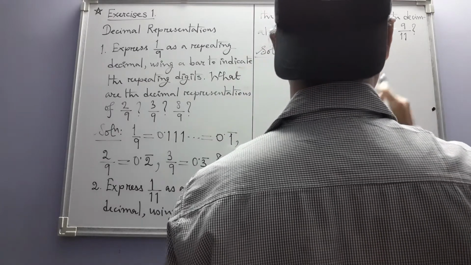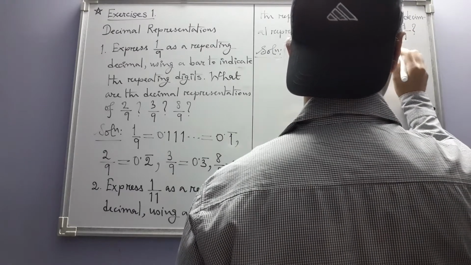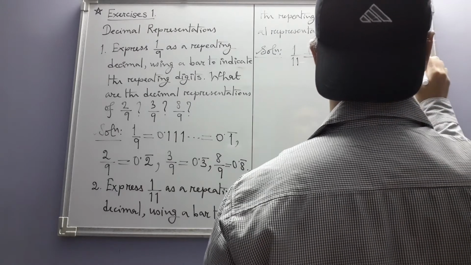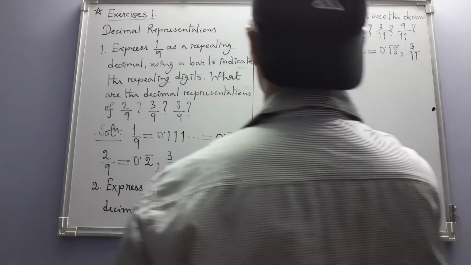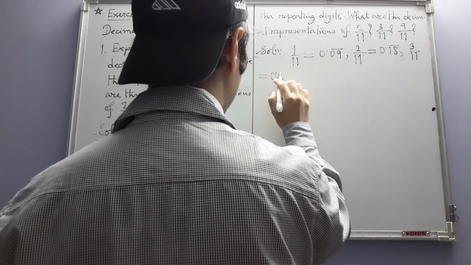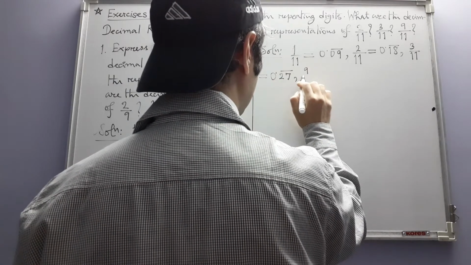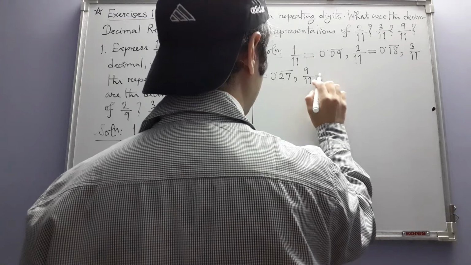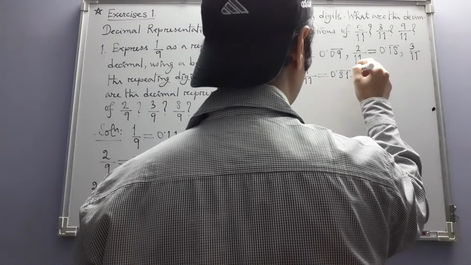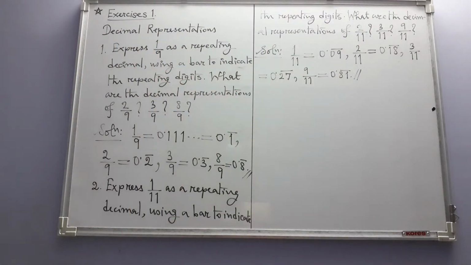Two divided by 11 turns out to be 0.18 bar. 3 divided by 11 equals 0.27 bar, and 9 divided by 11 equals 0.81 bar. Okay, so these are the decimal expansions.